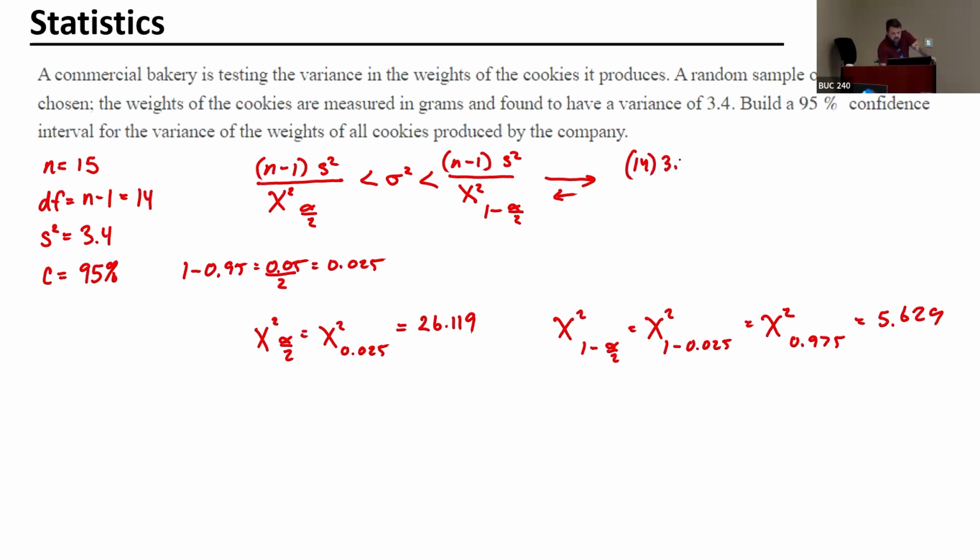Then I've got this 3.4, all divided by 26.119. Same thing in the numerator again, so it makes it kind of nice, all divided by 5.629. When you do the math, at the very bottom you get 1.8 and 8.5.